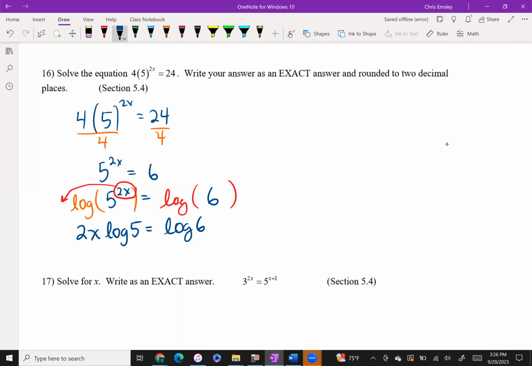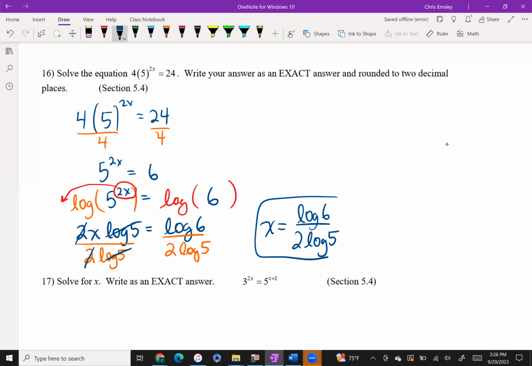Right now, it's 2 times x times log 5. So to solve for the x, we need to divide by 2 times log 5. We'll do it on both sides of our equation. And 2's cancel, log 5 cancels. We get x equals log 6 over 2 log 5.